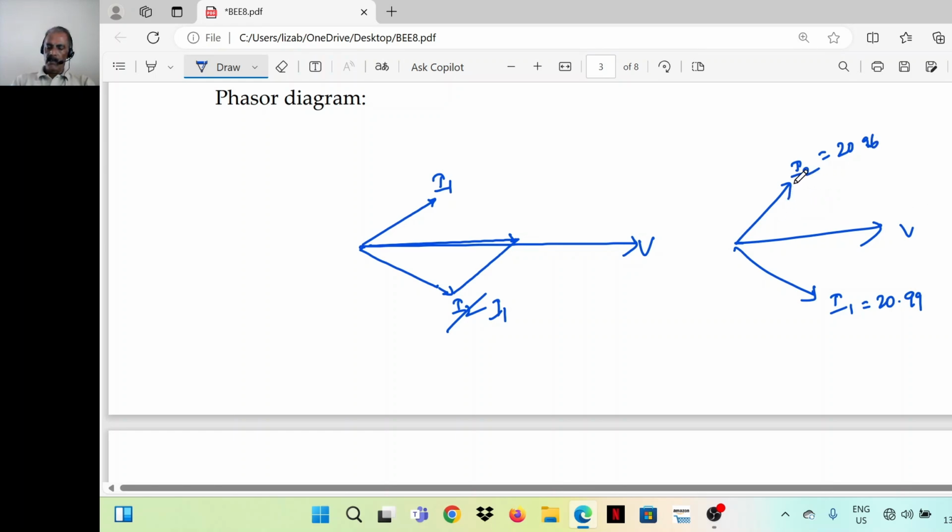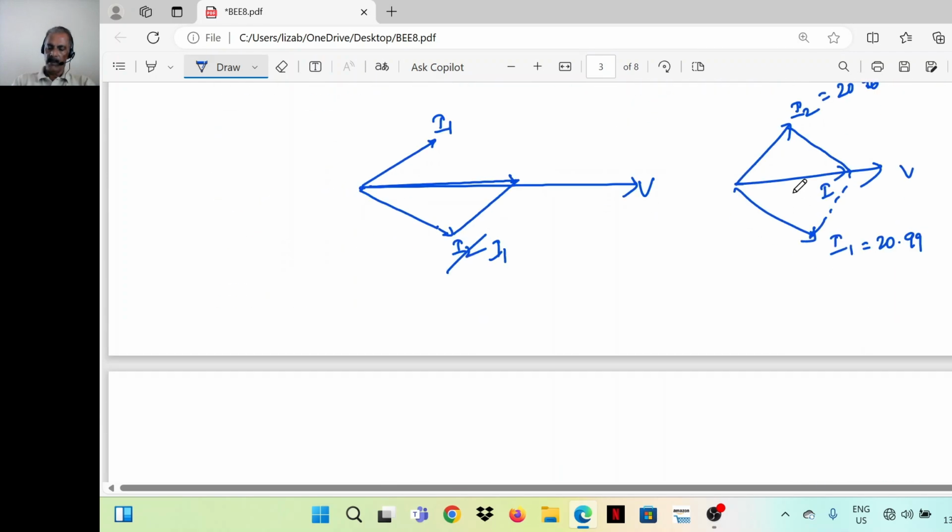And the total current can be found out by, if we neglect the small difference, completing the parallelogram and drawing the diagonal, that will give you I. I is 40 ampere.